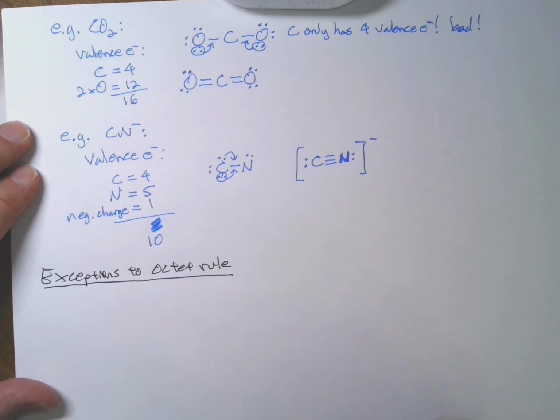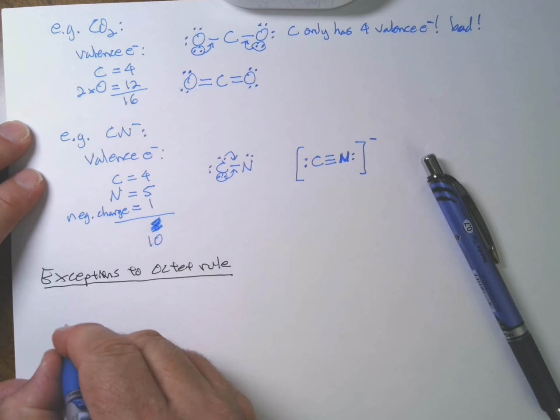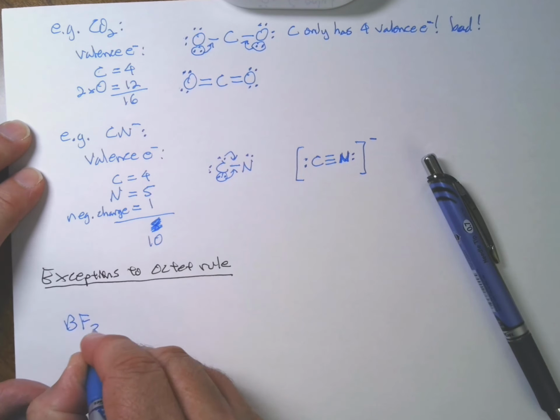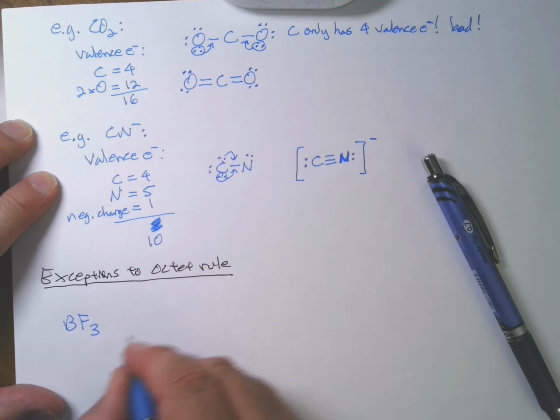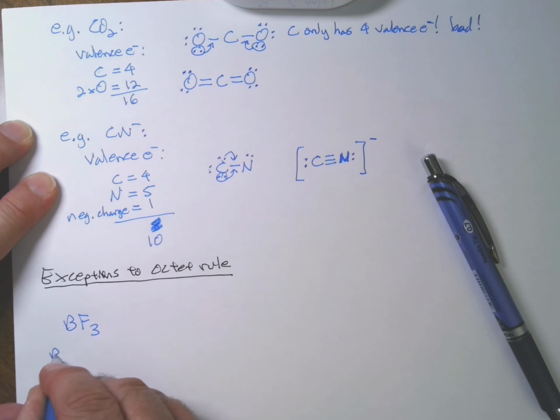So one of these is BF3, boron trifluoride. So boron has 3 electrons, and 3 fluorines gives me 3 times 7, 21, so that's 24 electrons.